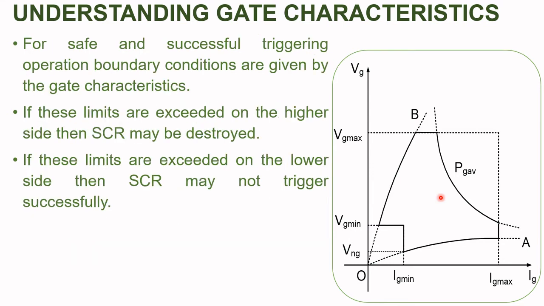Now here we can see the boundary conditions for operation of SCR gate. The dark lines provide us the boundary conditions. We cannot go beyond these boundary conditions for the operation of gate.